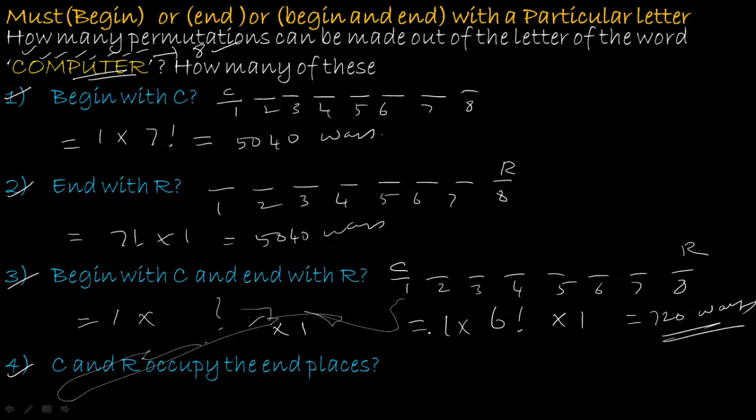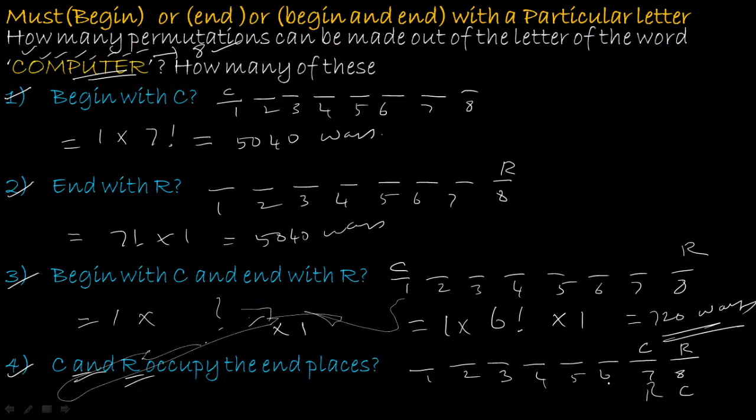Next, permutations with C and R occupying the end places, how can we calculate? So if C and R occupy the last places, 1, 2, 3, 4, 5, 6, 7, 8, the last two positions, either you have to take C here and R last, or interchangeably you have to take R or C, whatever that may be.